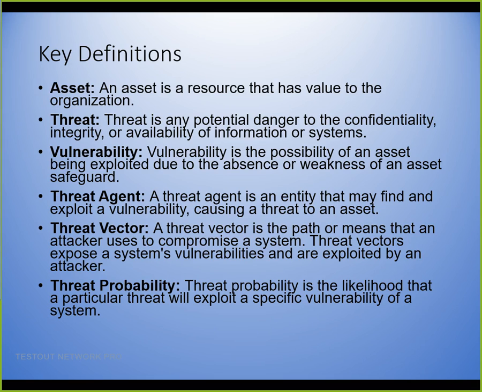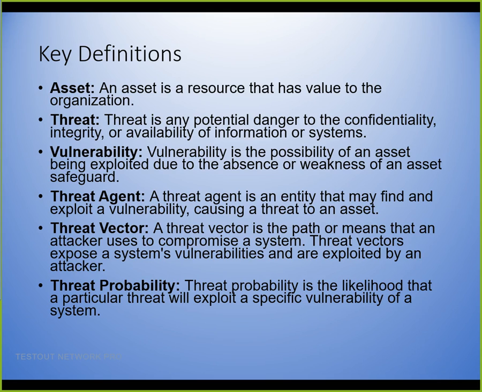An asset is a resource that has value. A threat is any potential danger to the confidentiality, integrity, or availability of the systems. A vulnerability is the possibility of an asset being exploited due to the absence or weakness of an asset safeguard. A threat agent is an entity that may find and exploit a vulnerability.